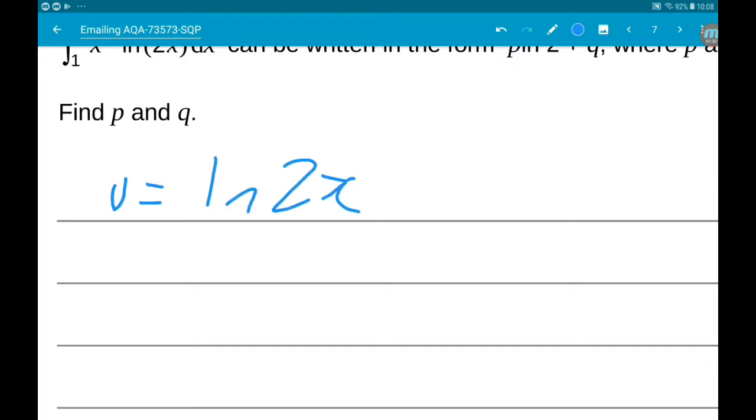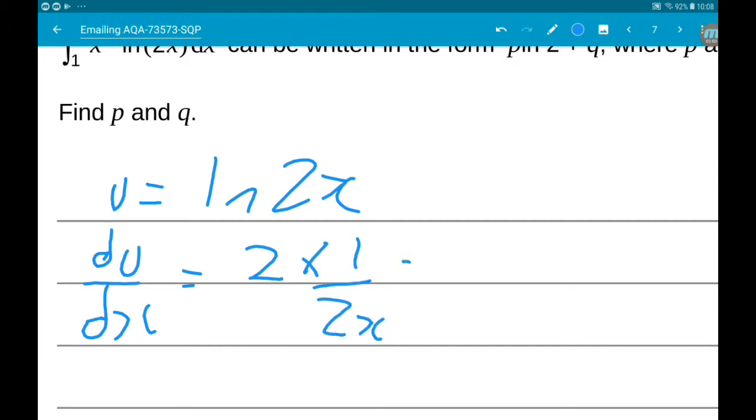Now from that we can find du by dx. So using the chain rule, we differentiate 2x, which gives us 2, and then we differentiate log of 2x, which would give us 1 over 2x. So we get 2 times 1 over 2x, which just gives us 1 over x.